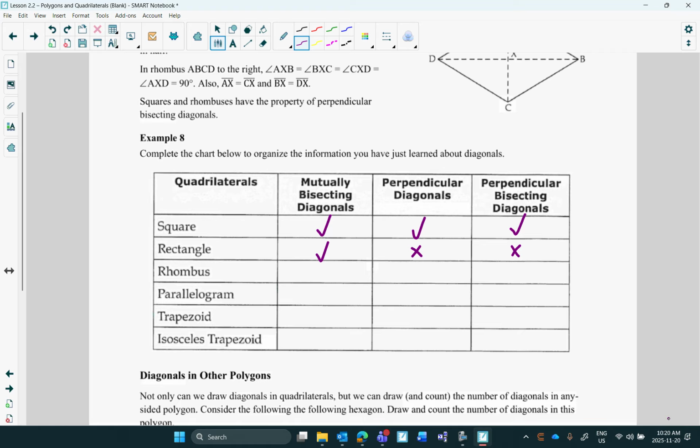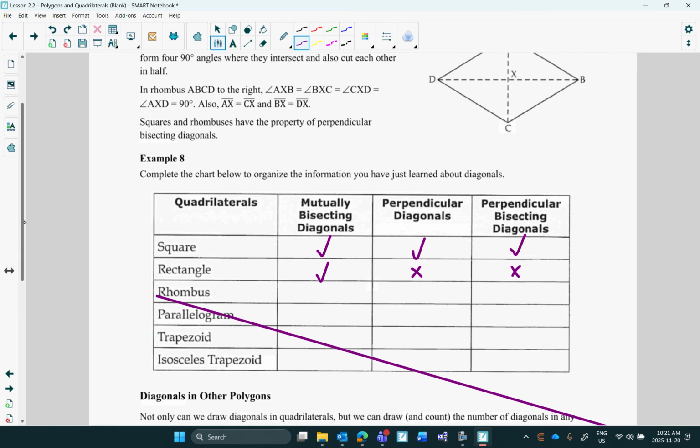Rhombus. Well, again, it's going to look like this. Do they split each other into equal parts? Yes. Do they split each other at 90-degree angles? Yes, they do. Rhombuses and squares. Look at this, there's a rhombus up here.